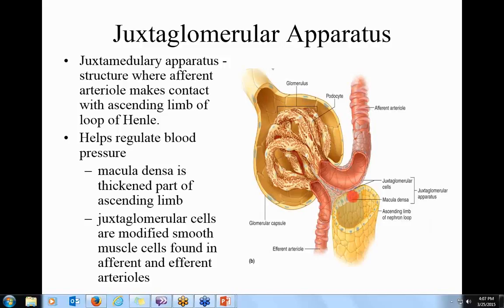And right here you have what's called the macula densa. These are thickenings of cells. And then here you have some juxtaglomerular cells. What these are going to do is regulate the size of the arterioles. So they're going to regulate the blood pressure, or the pressure of the fluids flowing into the nephron.